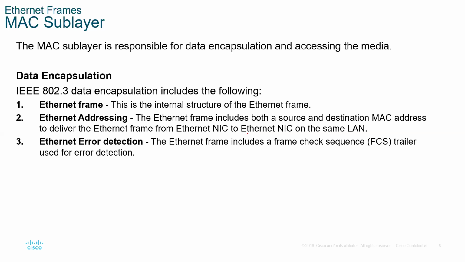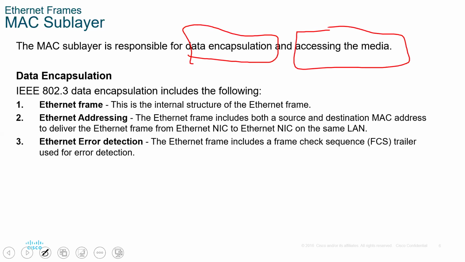All of those are managed at that sublayer. So the MAC sublayer is responsible for data encapsulation and accessing the media. That is its basic function: data encapsulation, and then accessing the media. IEEE 802.3 data encapsulation includes the Ethernet frame, which is the internal structure of the Ethernet frame.